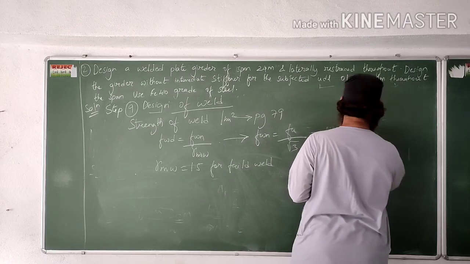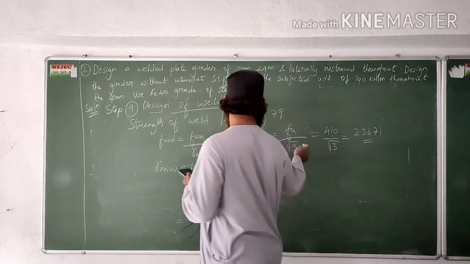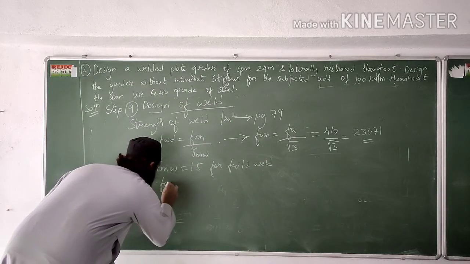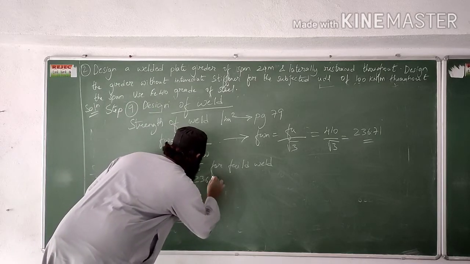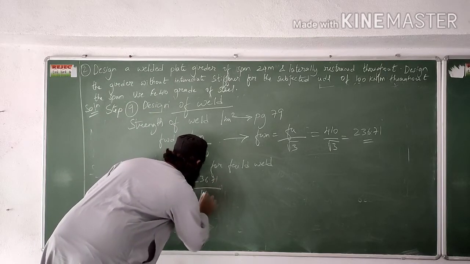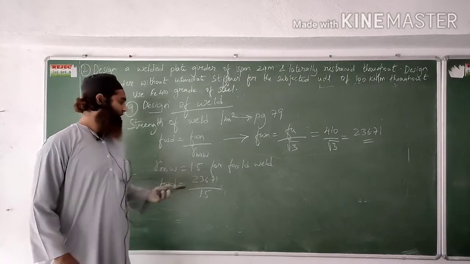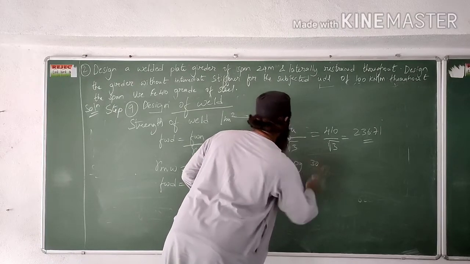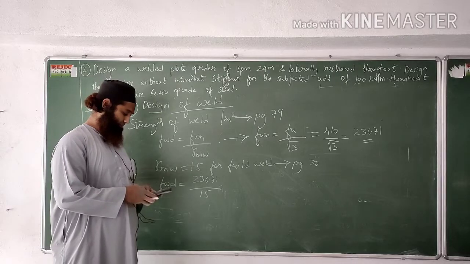236.71, this is FWN. Let us substitute this value here. FWD is equal to 236.71 by 1.5. I am taking it as field weld. For field weld, gamma MW value is 1.5. This is in page 30. Okay, let us see here.